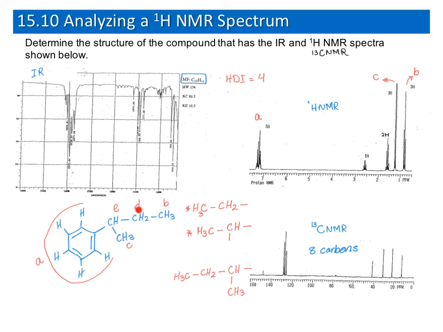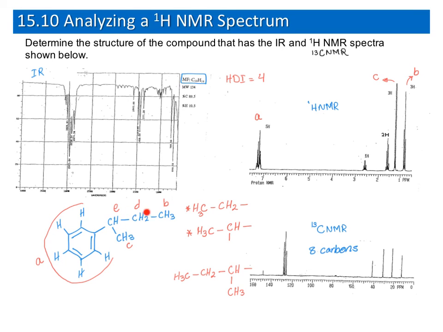Now for hydrogens D, it is connected to a CH3 group and a CH group. So these protons are not chemically equivalent to this one. So we need to think about complex multiplicity here. So this CH3 group makes this a quartet, and this CH group makes it a doublet.